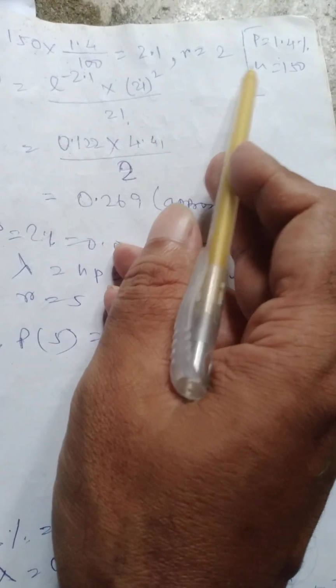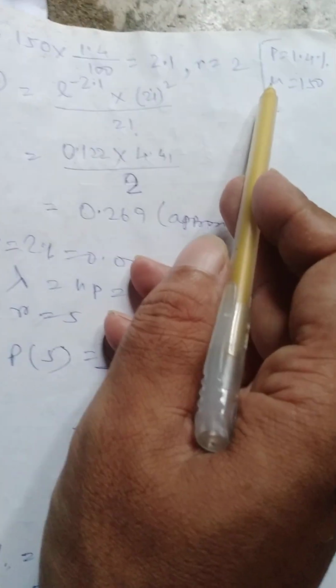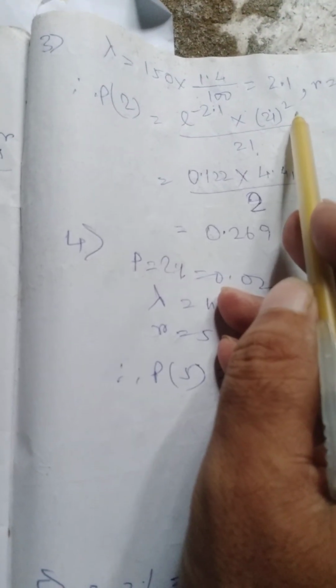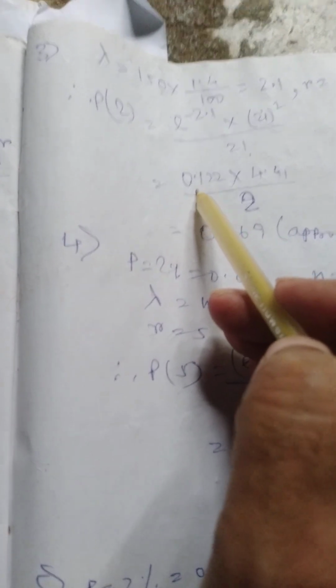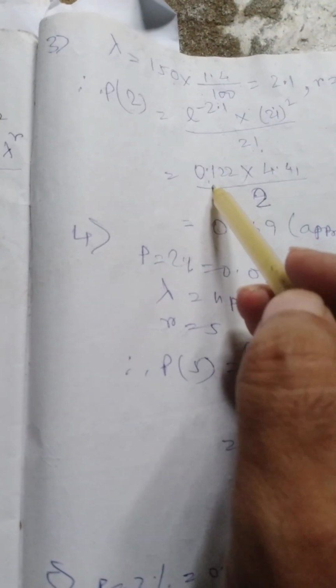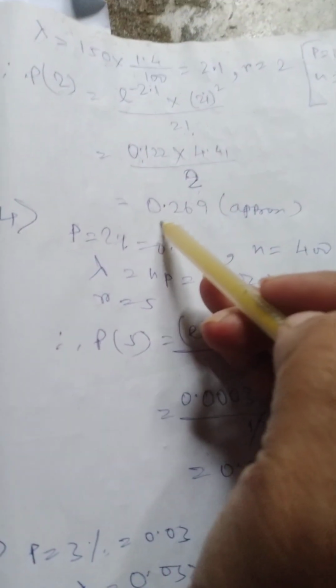R equals 2. Thereafter, P2 is equal to e to the power minus 2.1 into 2.1 whole square divided by 2 factorial. So e to the power minus 2.1, its value is 0.122 into 4.41 divided by 2, make it 0.269 approximately.